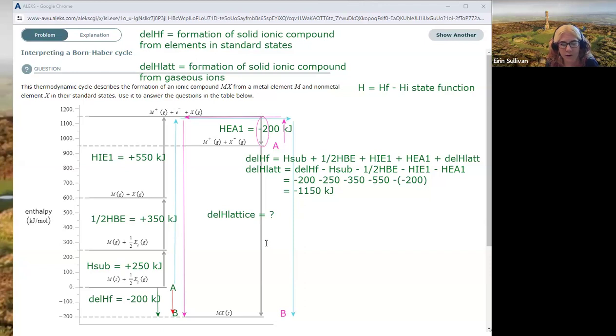So what this would look like then is, I'm just going to write delta H of my lattice straight away. That would be reversing the sign, so I'm going to put minus to say I'm reversing the sign of the electron affinity 1. Then we're going the wrong way along the ionization energy 1, so that is also minus. I'm going the wrong way along the sign of the binding energy, so again, that gets a minus.